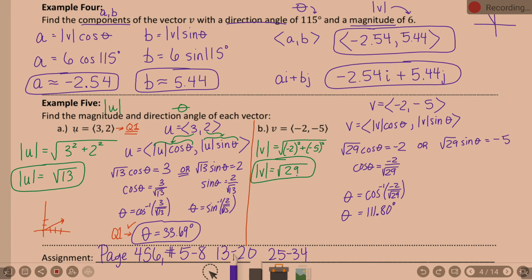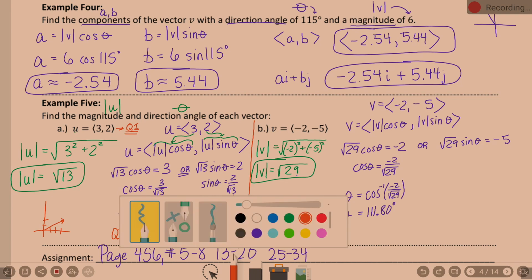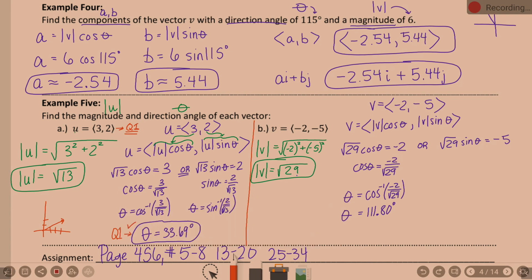Okay. Now, what did I mention on the last one? Check. Okay. Where is vector v? -2, -5. Is that quadrant 3? Left 2, down 5. Yes?